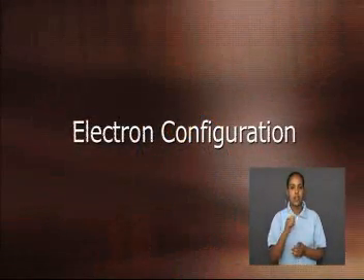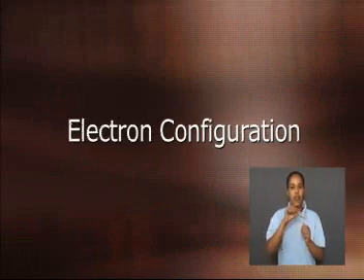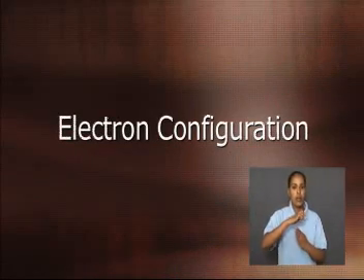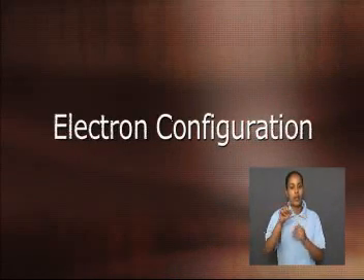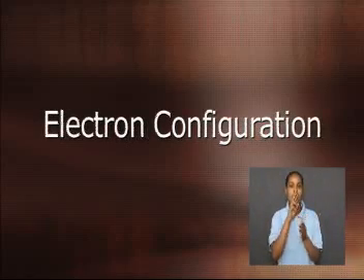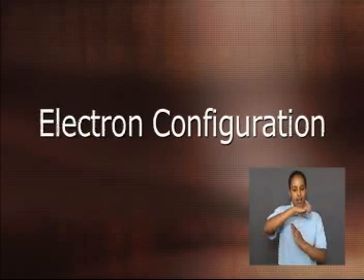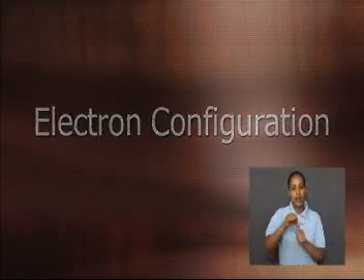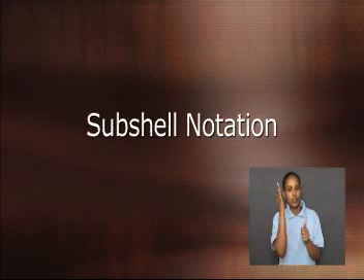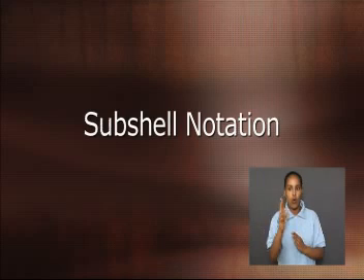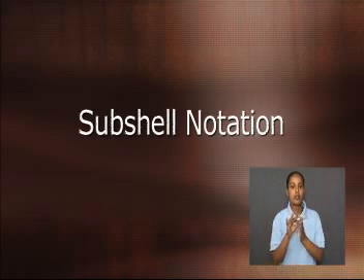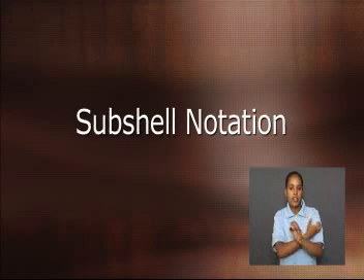The electronic configuration of an atom describes the distribution of the electrons among atomic orbitals in the atom. There are 2 methods that are used to describe the electron configuration of an atom. The first method, which is known as subshell or sublevel notation, uses numbers to designate the principal energy levels.